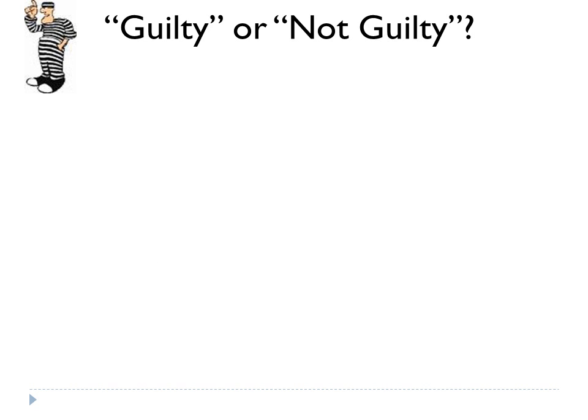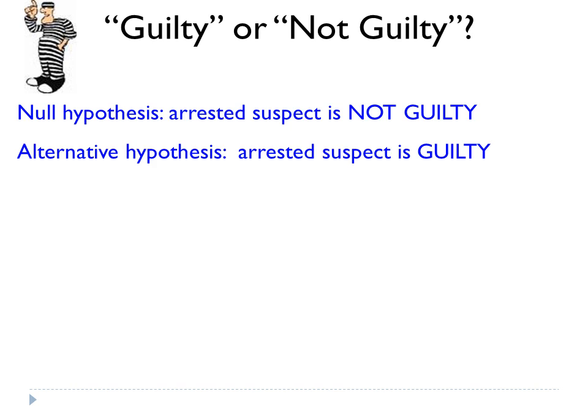Think of it this way. Think of this relationship with testing the null hypothesis in terms of how the prison system is supposed to work, in terms of whether somebody is guilty or not guilty. The null hypothesis is that the suspect is not guilty.